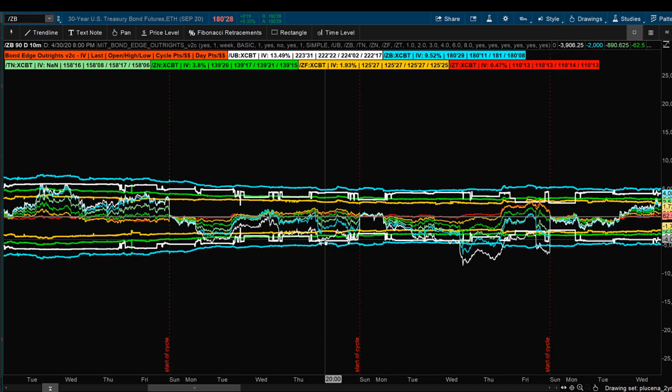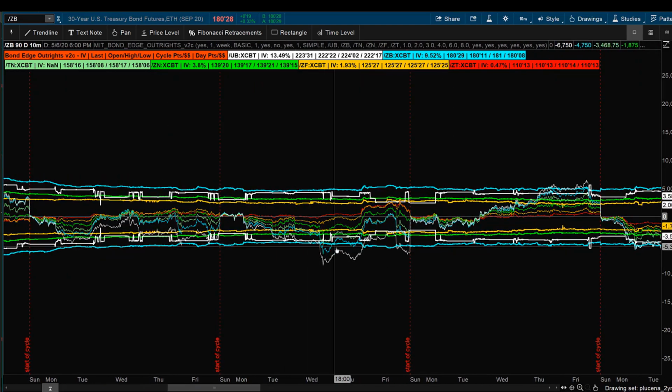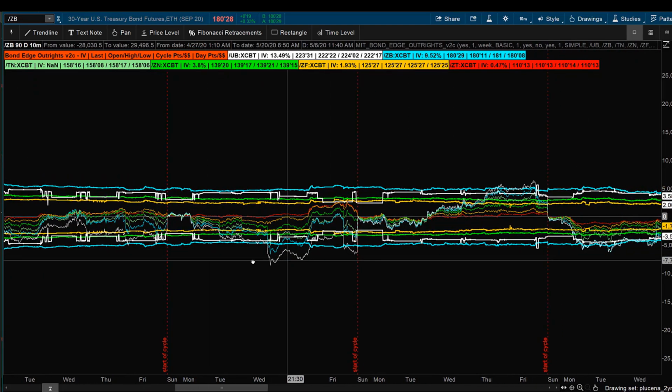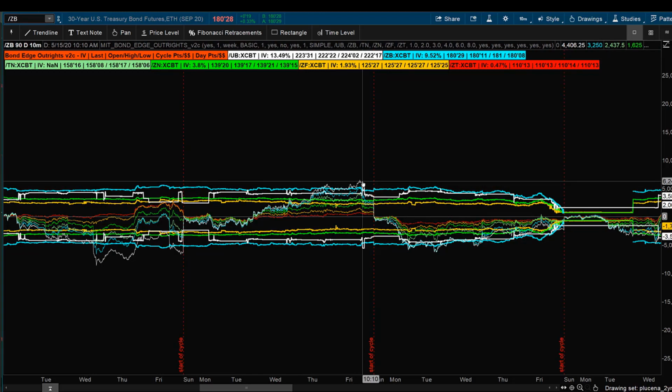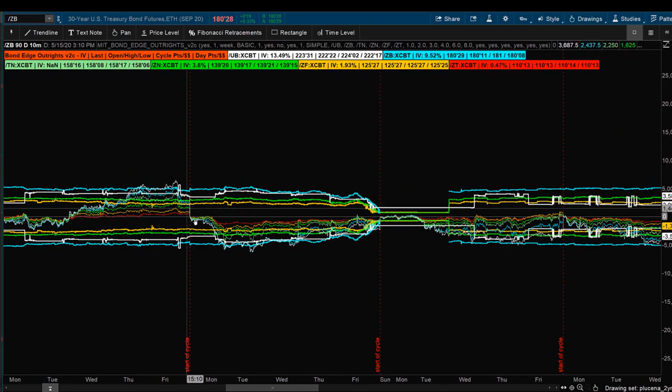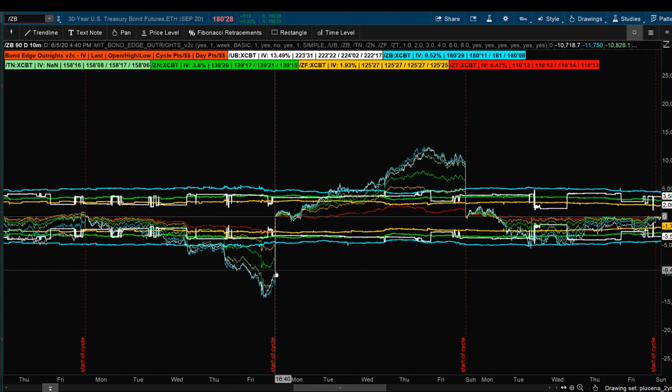Boom and boom. Getting some more of that stretch. Some consolidation. And then it swings the other way. Swings the opposite way. And as you can tell, folks, this is all just about a rubber band being stretched in one direction or another.